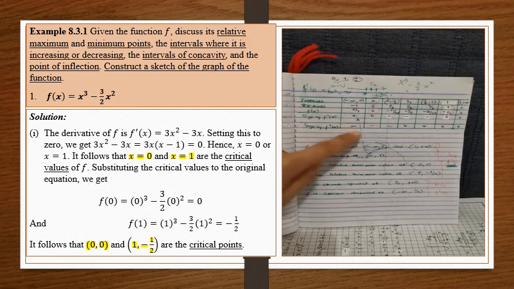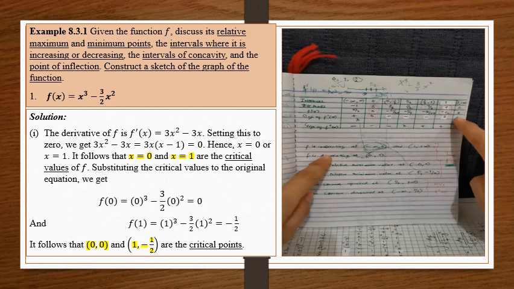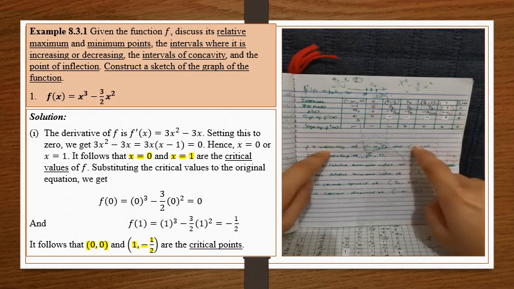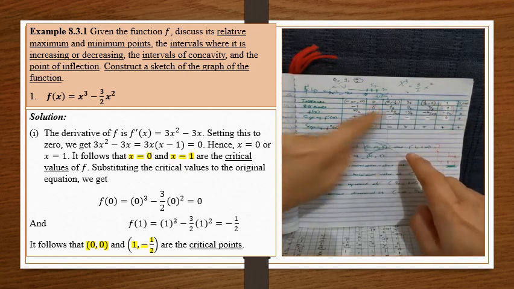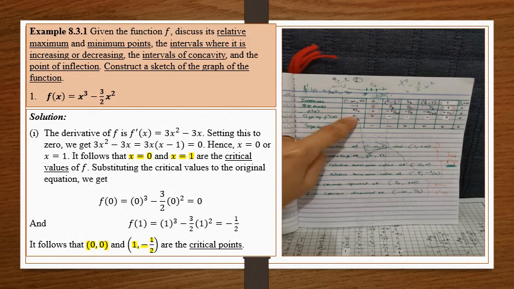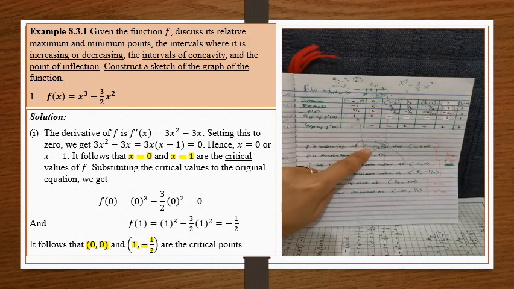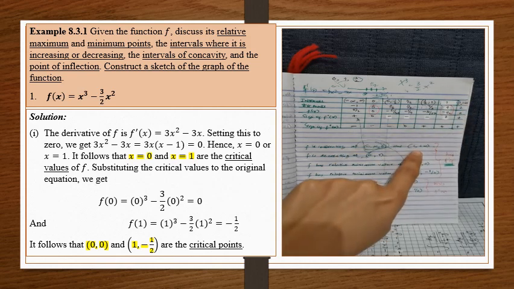Kasi increasing, ibig sabihin pataas. Saan na naman siya nag-positive? Diba kay 1 to positive infinity? So, ibig sabihin nun, ang ilalagay natin dito na interval, corresponding interval is yung interval sa taas. Dito tayo magbe-base kay sign ng first derivative. Okay, positive, yun yung ilalagay natin kay increasing.